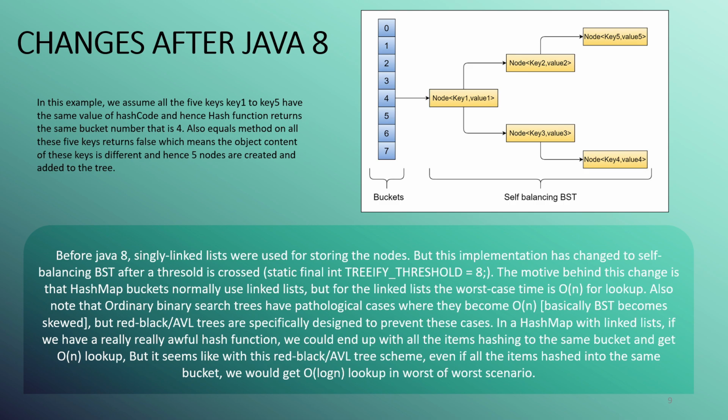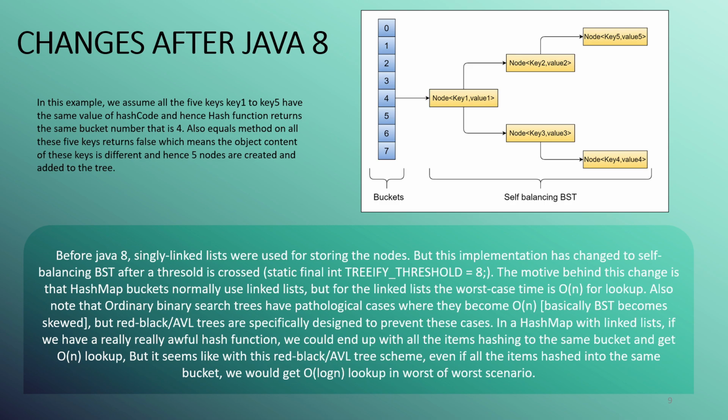The search operation becomes slower, because if you have a singly linked list and there are a lot of nodes on a particular bucket, it is going to take O(n) complexity to fetch the data from that hash map, which is really bad.